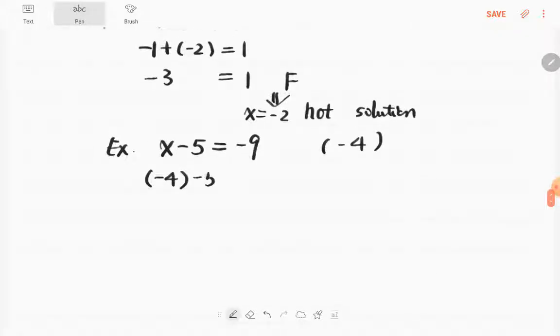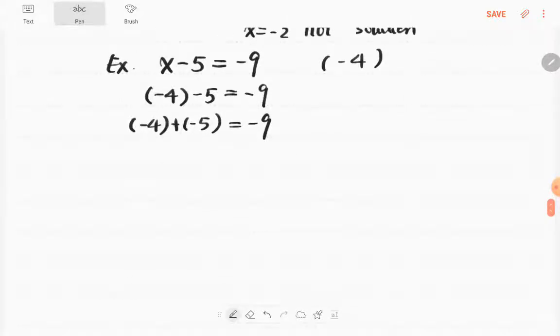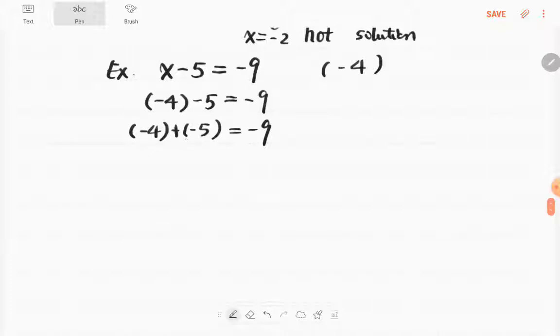So -4 minus 5. After that, we check the left side first. -4 minus 5, just like plus the opposite of 5. That's -5. Equals -9.